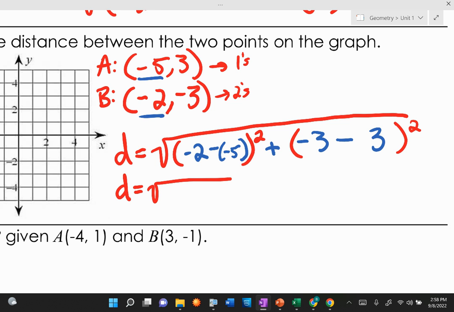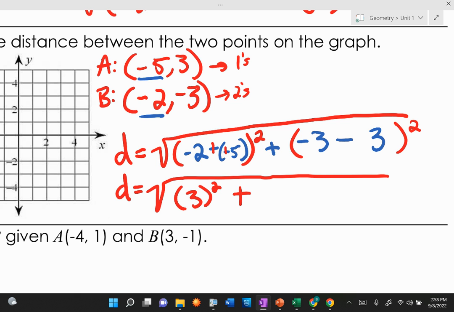Before I square them, PEMDAS says I have to simplify inside the parentheses first. So what is negative 2 minus a negative 5? Minus a negative is always a plus plus, because it makes it easier for my brain to understand. So negative 2 plus 5 is 3, still squared, plus 0 squared. Negative 3 minus 3 is 0 squared.